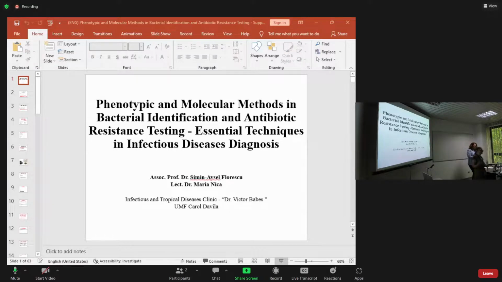And now we come towards you and present the challenges that we meet in the biomedical field. We will start with the first presentation by Dr. Florescu together with Dr. Nika about the phenotypic and molecular methods used today in bacterial identification and antibiotic resistance testing. Please, you have the floor.